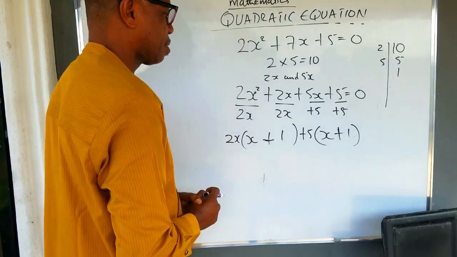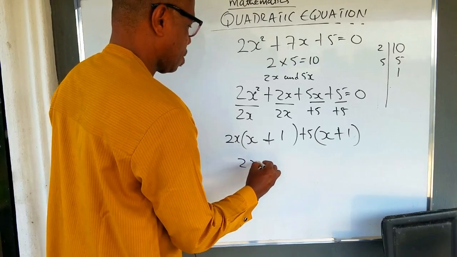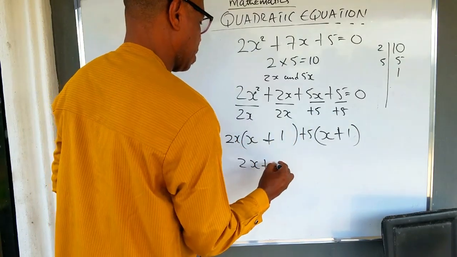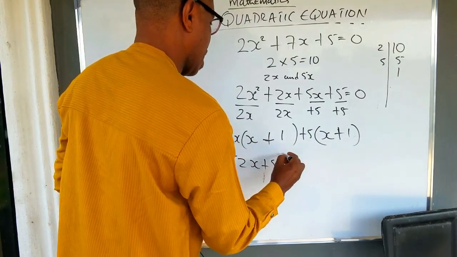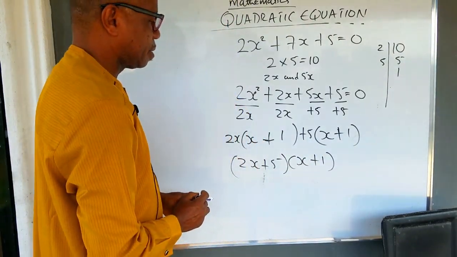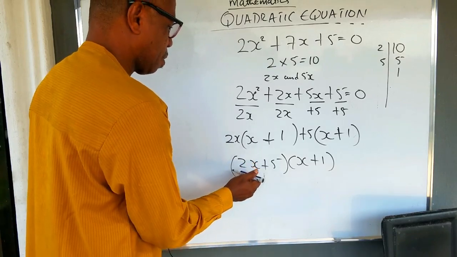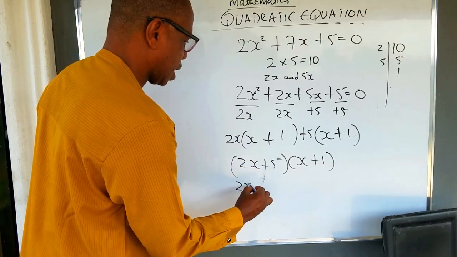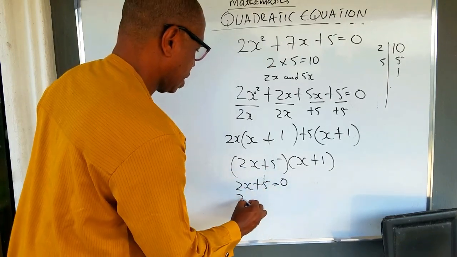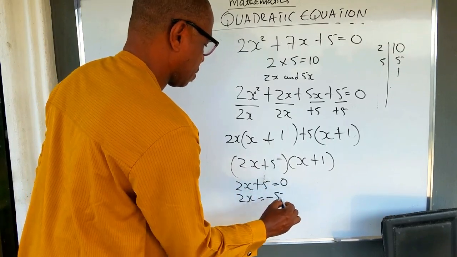So the final answer to this level now will become, I will take only 1, 2x plus 5, this 2x plus 5, and take only one of them in the brackets as my factors, and x plus 1. Then, assuming that we need to find the value of x like some cases are, this one will now be 2x plus 5 is equal to 0, then only 2x will be plus 5, crossing over will give us minus 5.